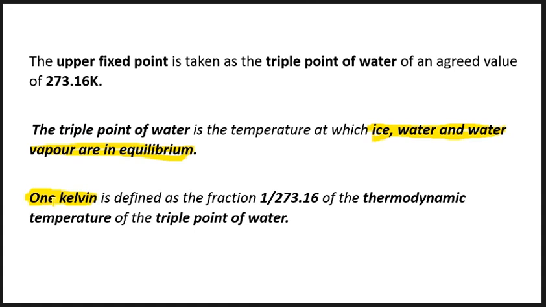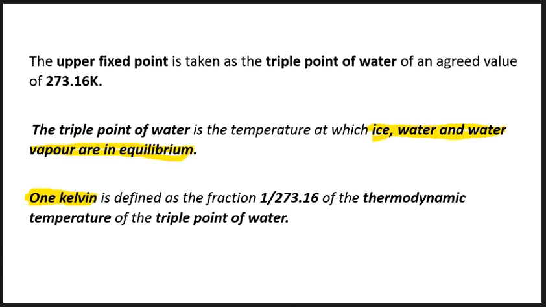It can be asked in your exam to define what 1 Kelvin means. If you are asked, then this is what they expect from you: it is defined as the fraction 1 over 273.16 of the thermodynamic temperature of the triple point of water.